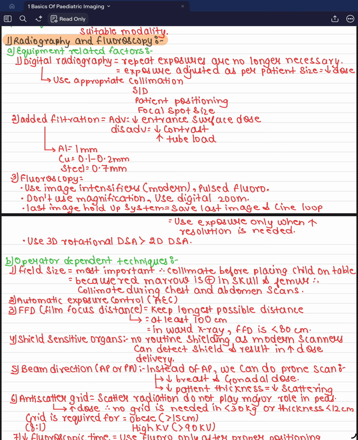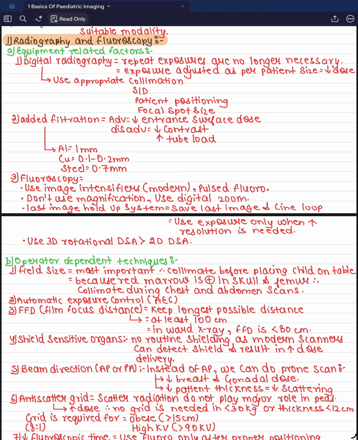You can adjust the exposure digitally, and the exposure can be adjusted as per the patient size. So it also reduces dose because you are adjusting how much the patient should be exposed. In digital radiography, you should use appropriate collimation, proper source to image distance, proper patient positioning, and proper focal spot size.